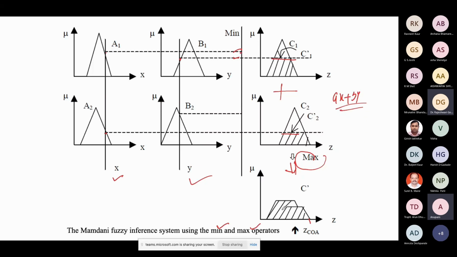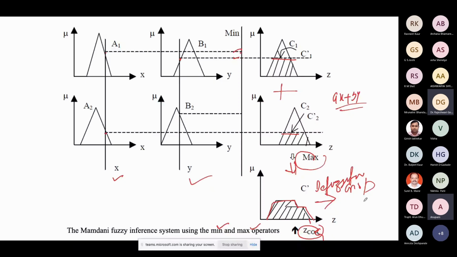Here you can see that this is your final output, and because this is a distributed one, and we require a crisp value, we have to pass it through a defuzzifier, right? The defuzzifier works with the help of the center of gravity method, known as COG, a centroid method. So we will get one fixed value.